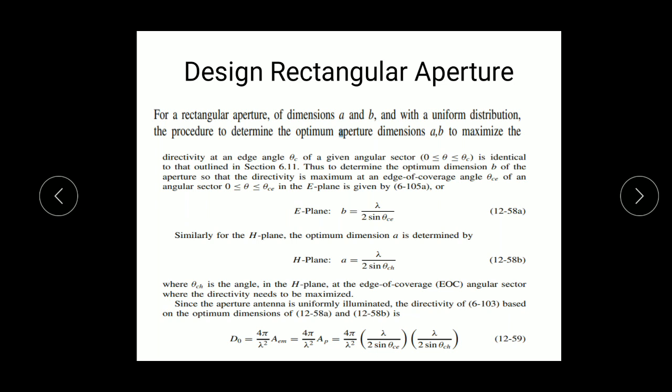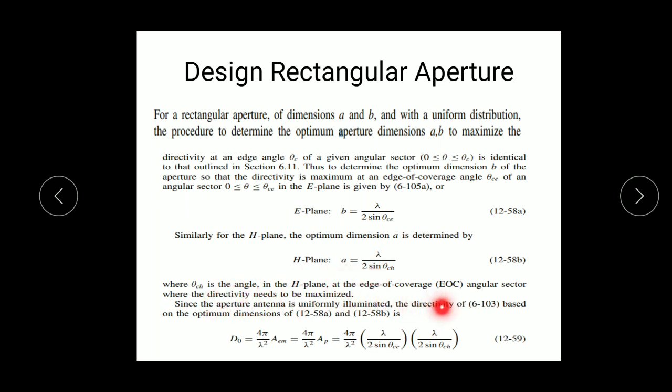So in the case of the E plane, we calculate B equal to lambda by 2 sine theta CE. Or similarly for the H plane, we calculate A equal to lambda by 2 sine theta CH, where theta CH means the coverage angle for the H plane.